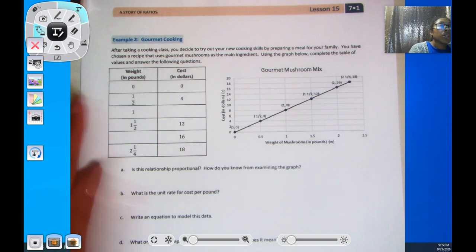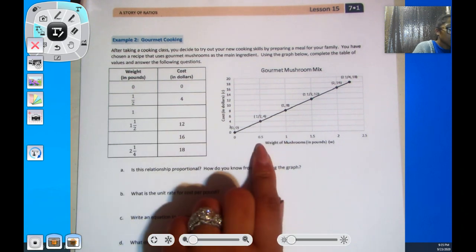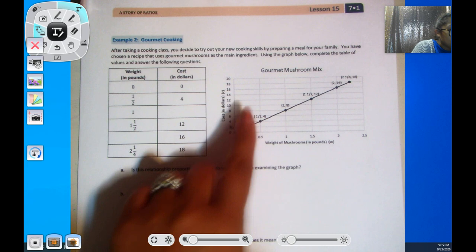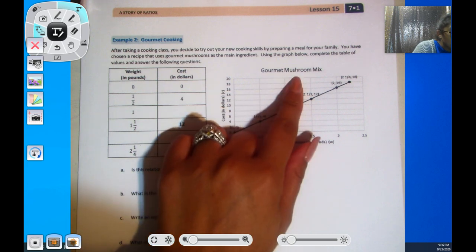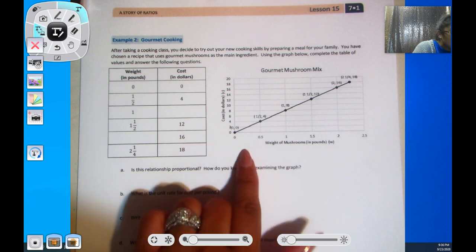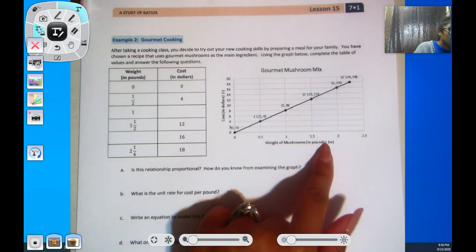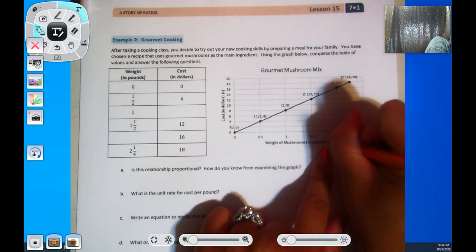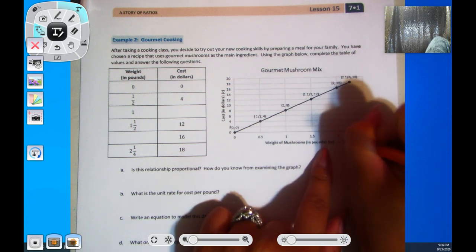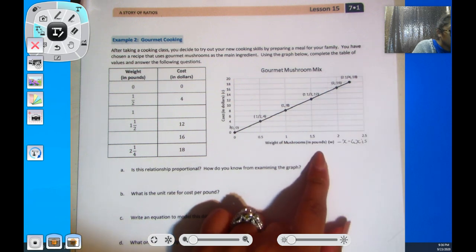So I'm looking at the graph and I'm looking at the table. As I'm looking at the graph, I see that we're looking at the gourmet mushroom mix. That's our title. Below the x-axis, they have labeled it as the weight of mushrooms in pounds.